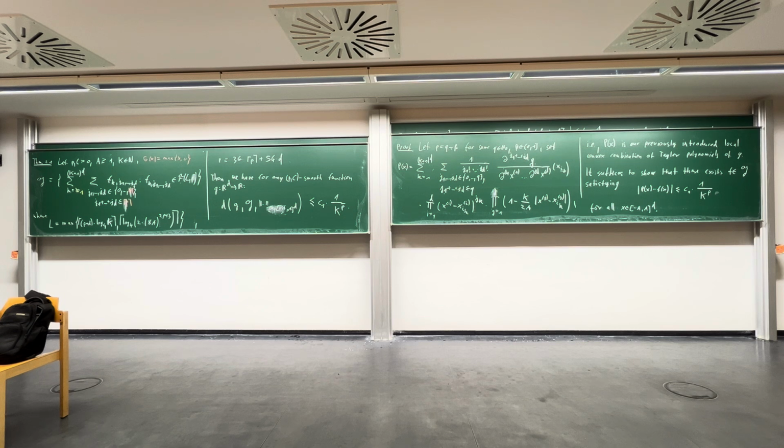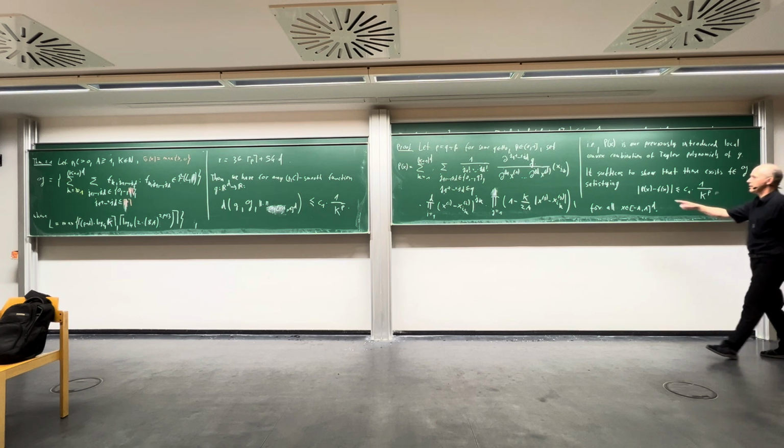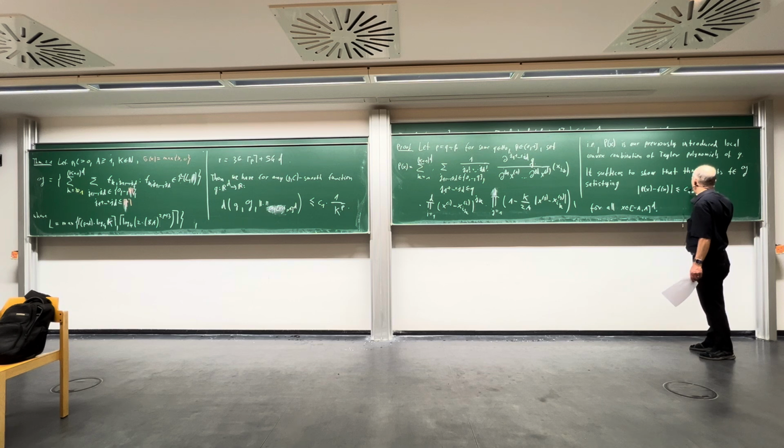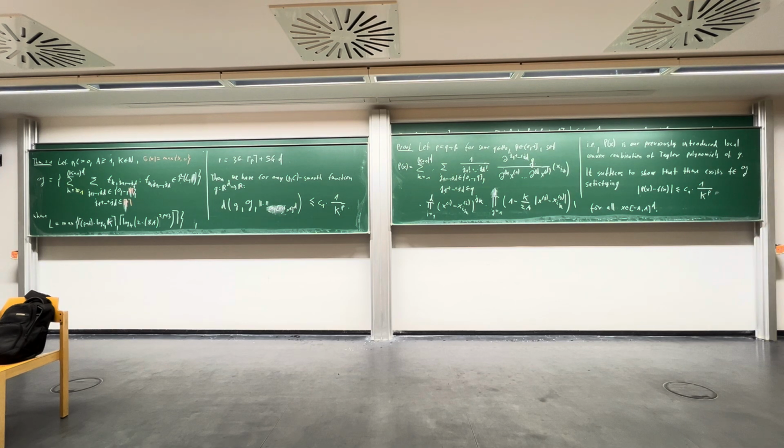And of course, the C1 is now a C2, but it doesn't matter, it's an arbitrary constant, because we have shown that P is close to g up to C1 times 1 divided by k to the p. So if I show that I can approximate these piecewise polynomials, I'm done.